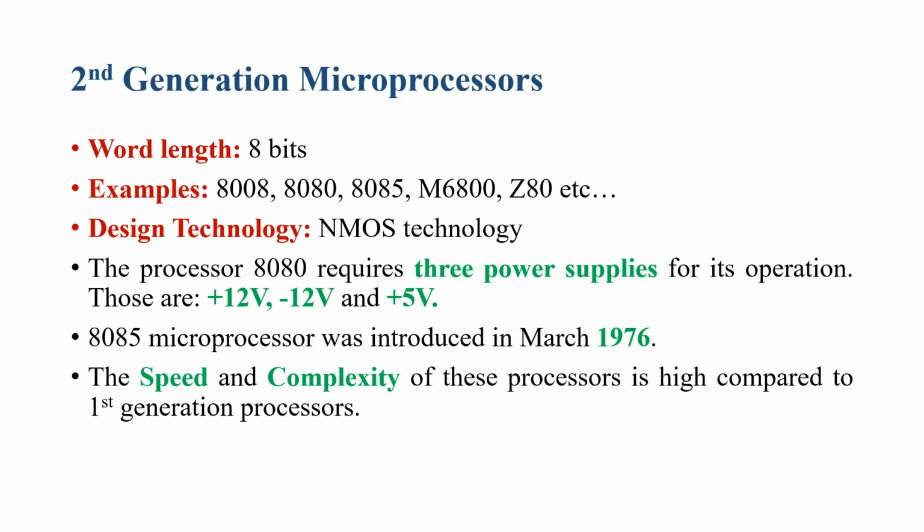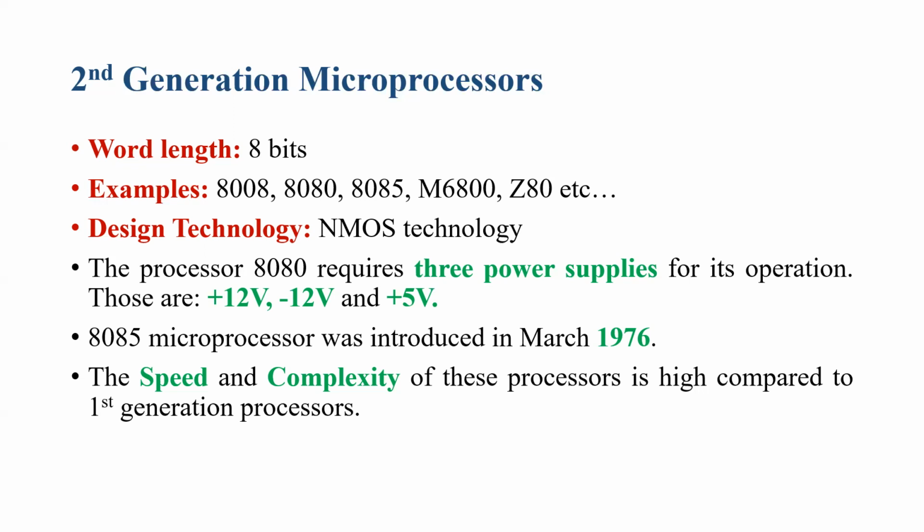I'm not talking about the number of VCC pins, but how many power supplies we should apply for the processor's operation. In the second generation, 8085 was a famous microprocessor. We can call it almost the first general purpose, user-friendly 8-bit microprocessor. It was introduced in March 1976 by Intel.